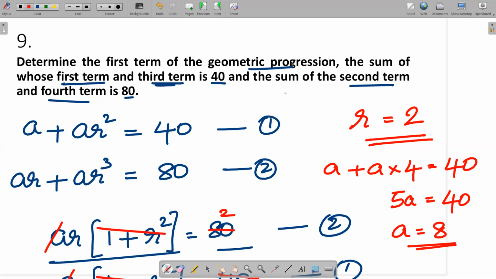Thus we identified the first term as 8 and the common ratio as 2. You were asked to find the first term, which is 8. That is the way we can solve this question, and we have arrived at the answer.